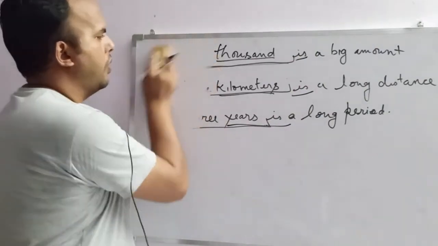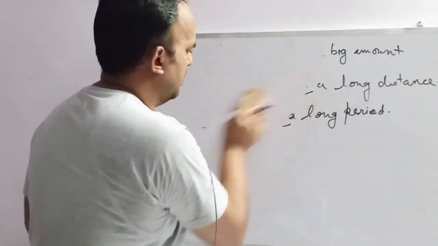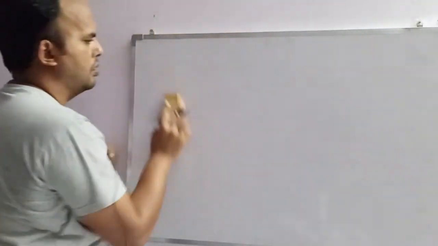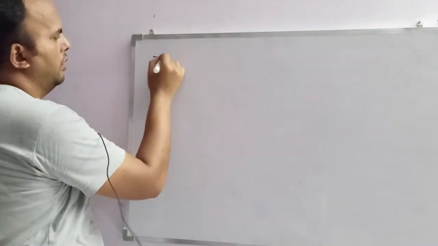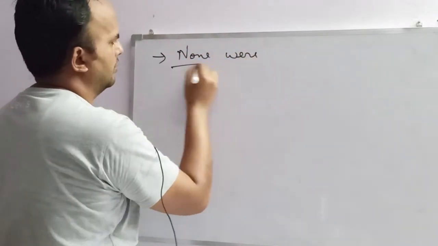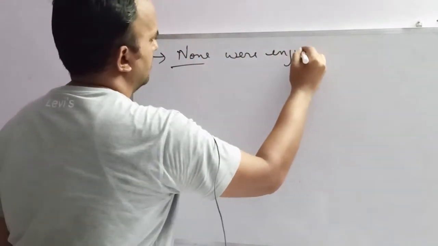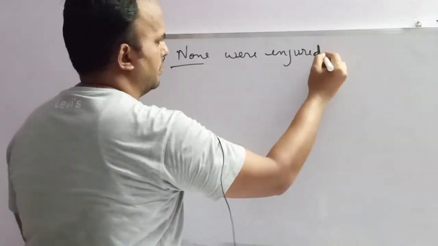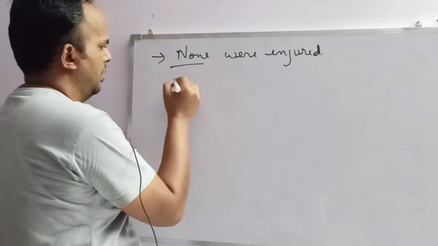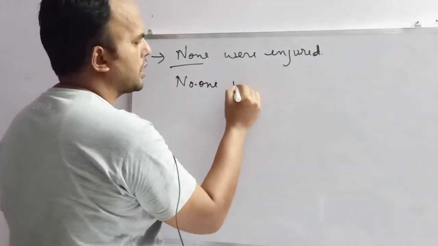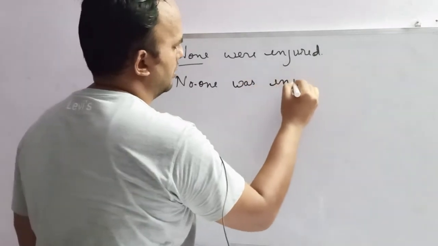Now we are going to talk about the next rule. If we are using none: none were injured, or no one was injured.